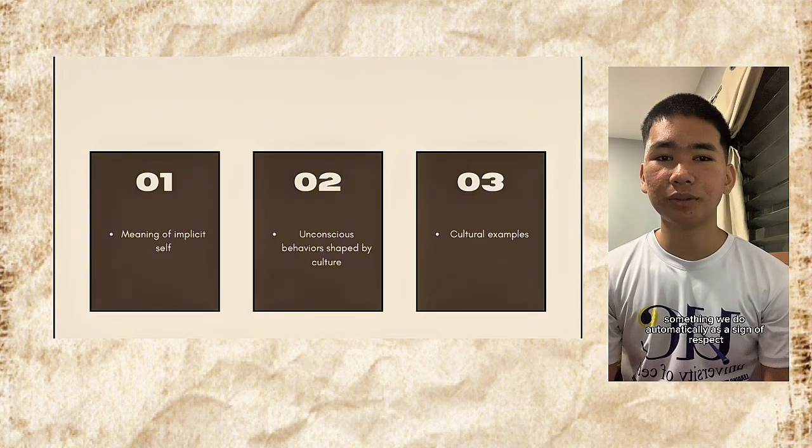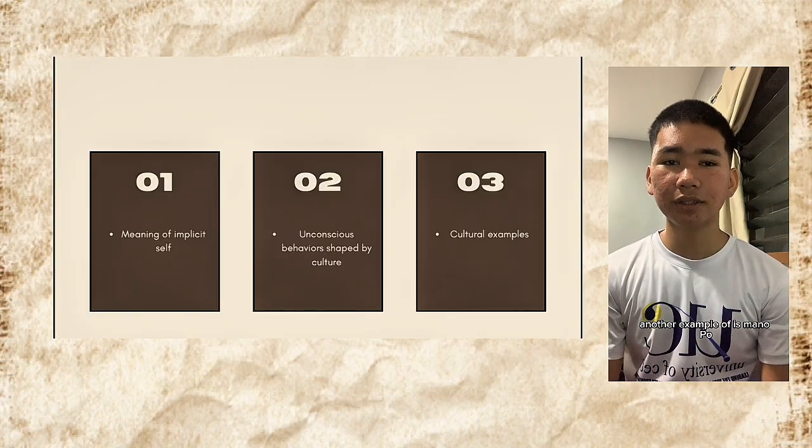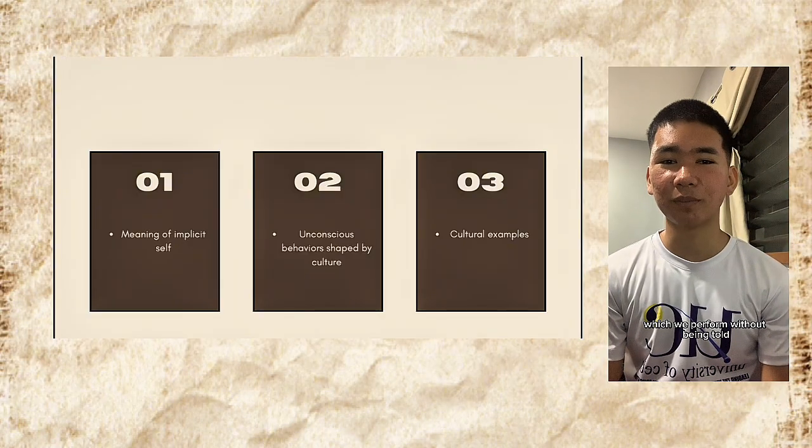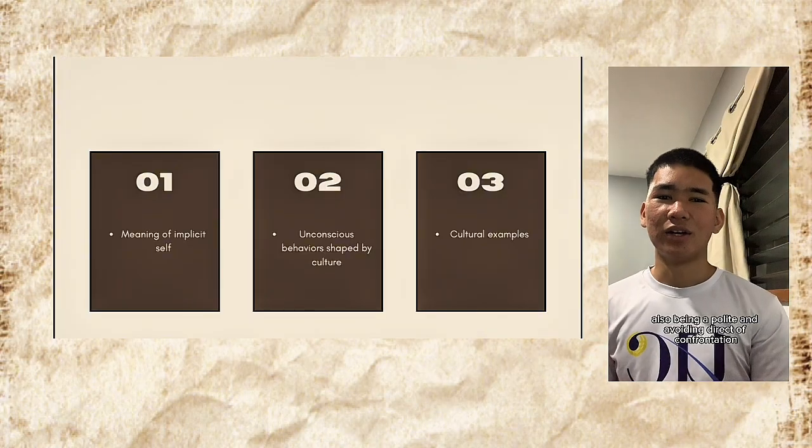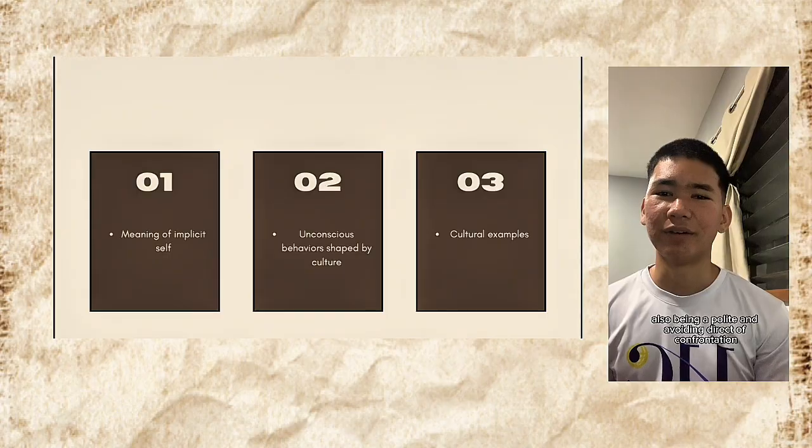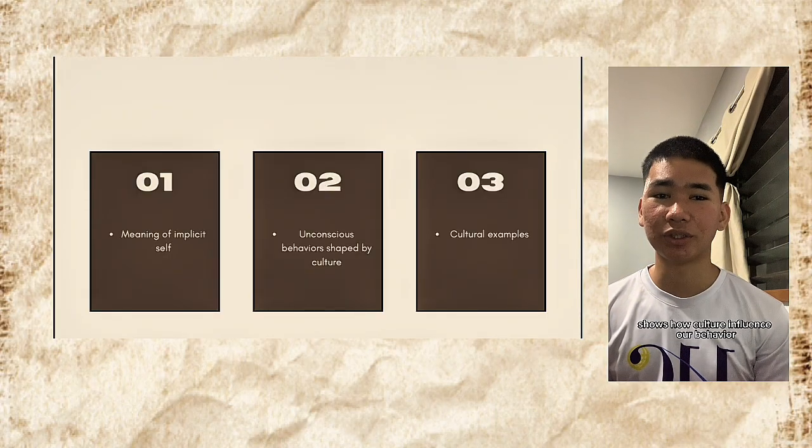It's something we do automatically as a sign of respect. Another example is mano po, which we perform without being told because it is part of our upbringing. Also, being polite and avoiding direct confrontation shows how culture influences our behavior.